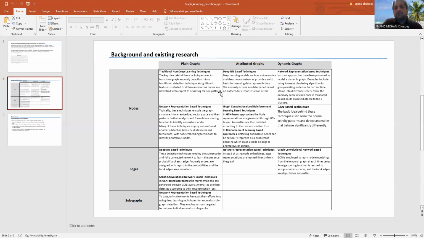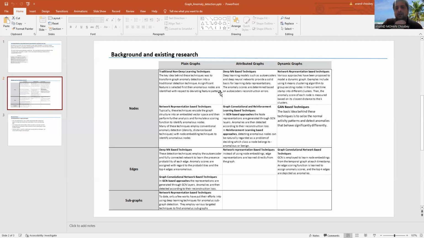These techniques use autoencoders to encode and then come up with a reconstruction of the input. The idea is that for benign, non-anomalous data points, the reconstruction error would be low if we have a good model.